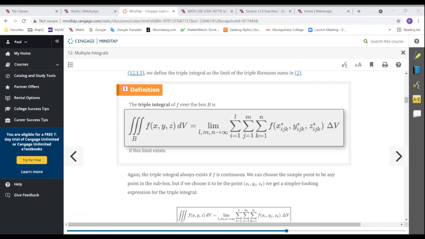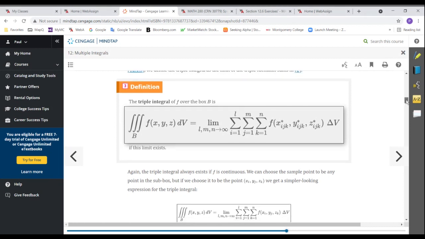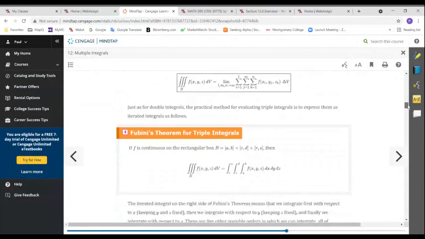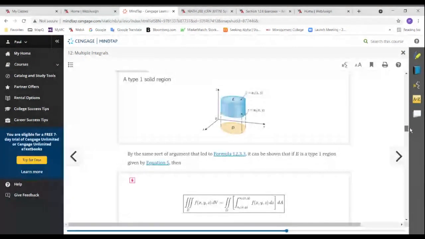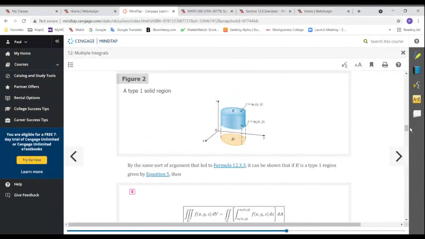So how are we going to handle these triple integrals? Of course, the obvious concern is finding the limits. I'm going to go to figure 2 in the book, which has a type 1 solid region.